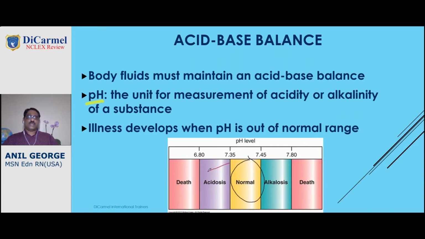When it's less than that, it is acidosis. When it goes more, it is alkalosis. Our body cannot survive beyond a certain limit. If it goes below 6.8, that is severe acidosis, or if it goes above 7.8, the body cannot survive. Death would be the result, as we can learn from here.